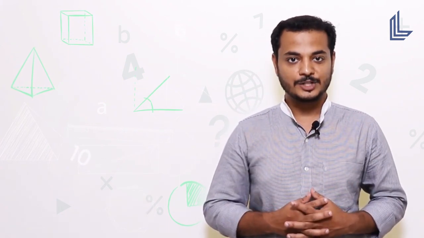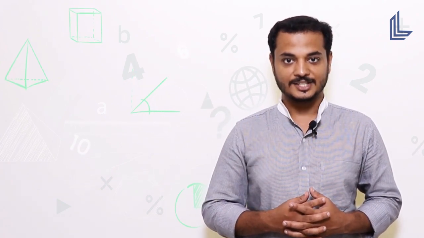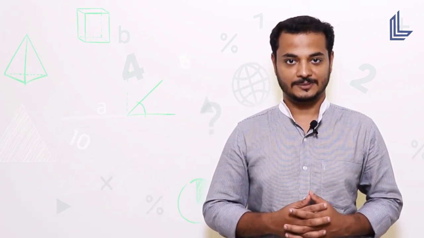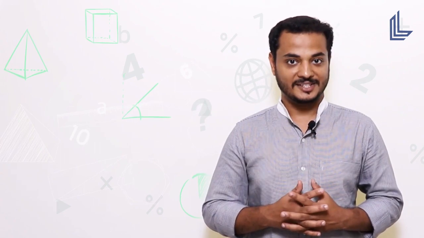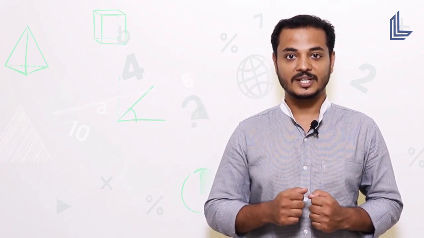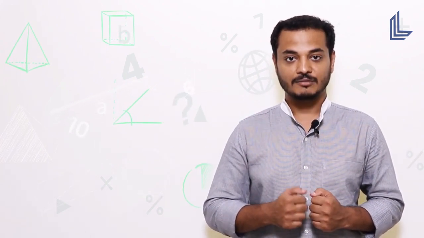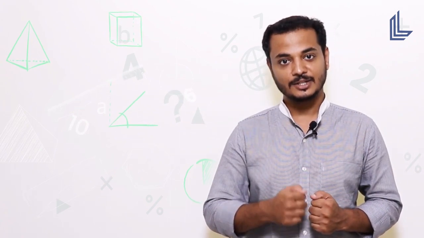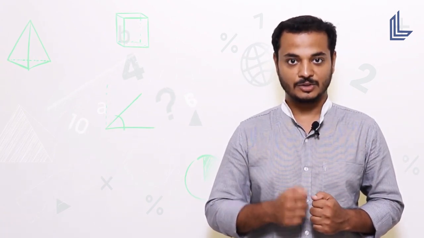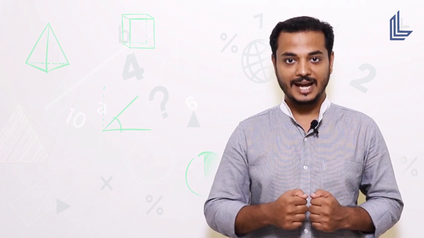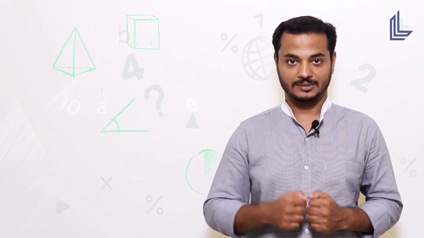The method by which we are going to prove that root 2 is irrational is known as proof by contradiction. Now this is very interesting. To prove root 2 is irrational, we will start by stating the contrary. And what is the contrary? We will assume that root 2 is rational.